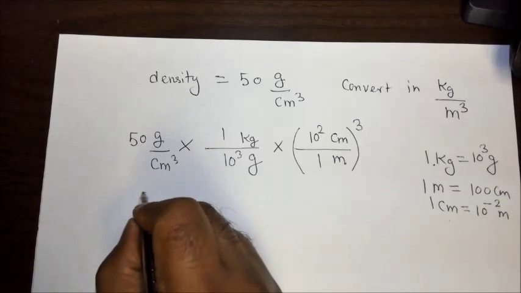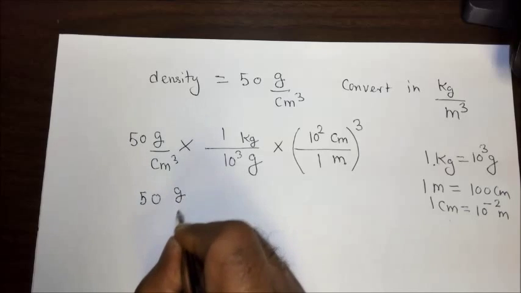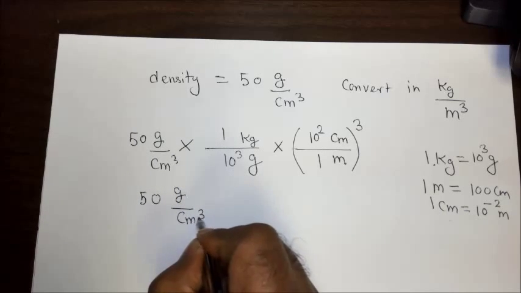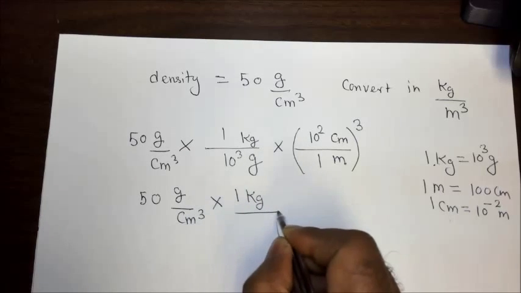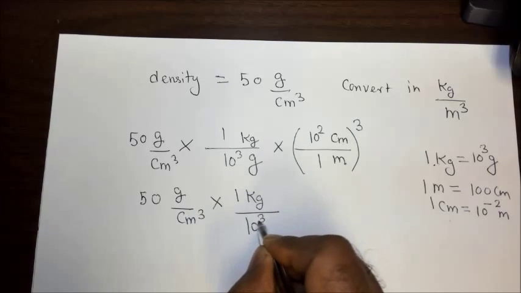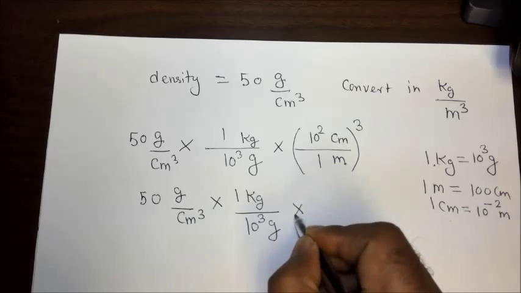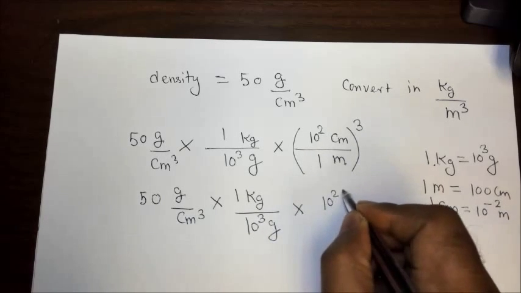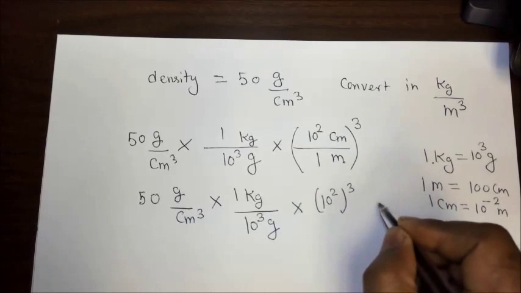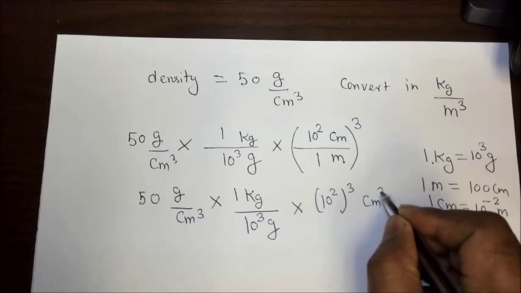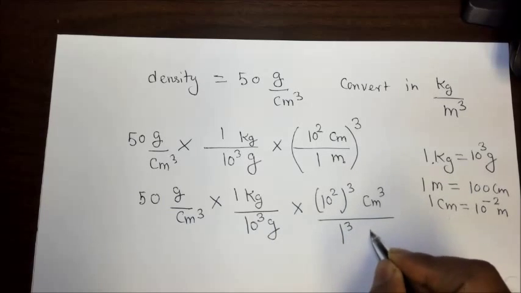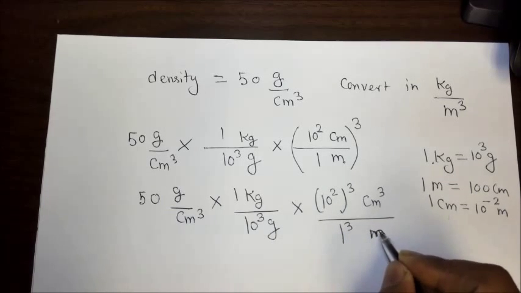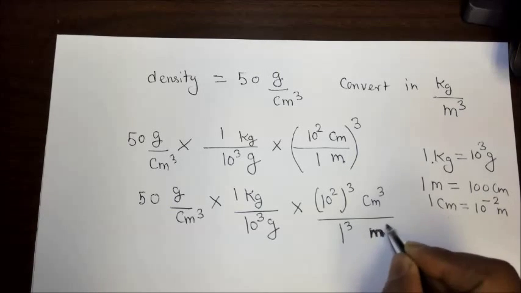So this gives you 50 gram per centimeter cube times 1 kg divided by 10 to the power 3 gram times 10 to the power 2 cube centimeter cube divided by 1 cube meter cube.